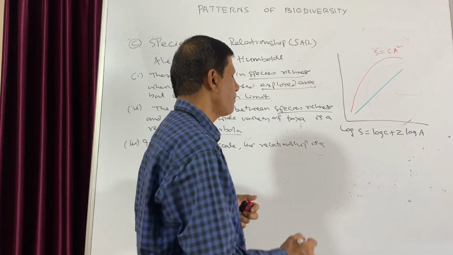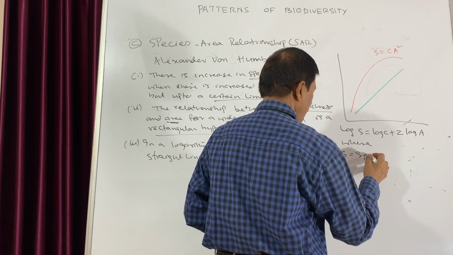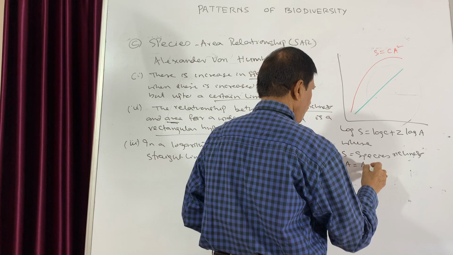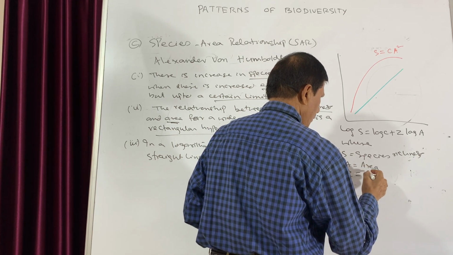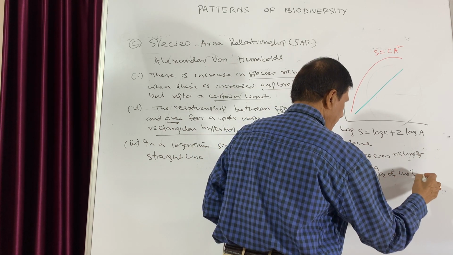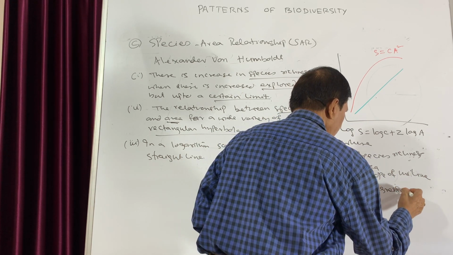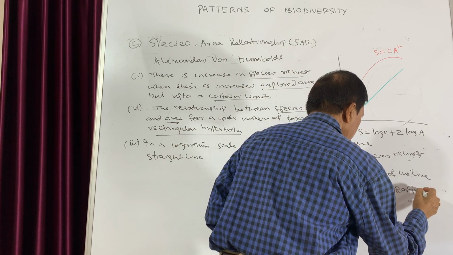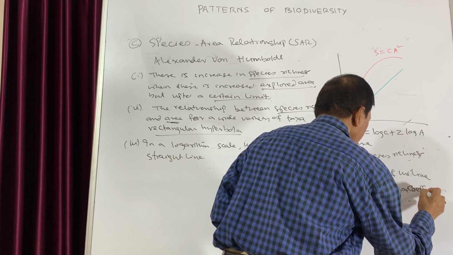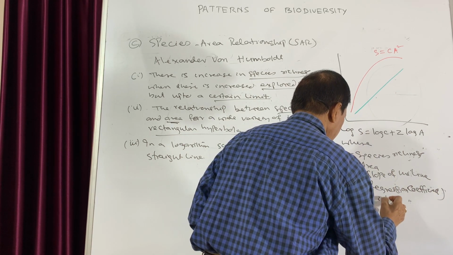Where S is equal to species richness, A is equal to area, Z is equal to the slope of the line, or you can say the regression coefficient, and C is the y-intercept.